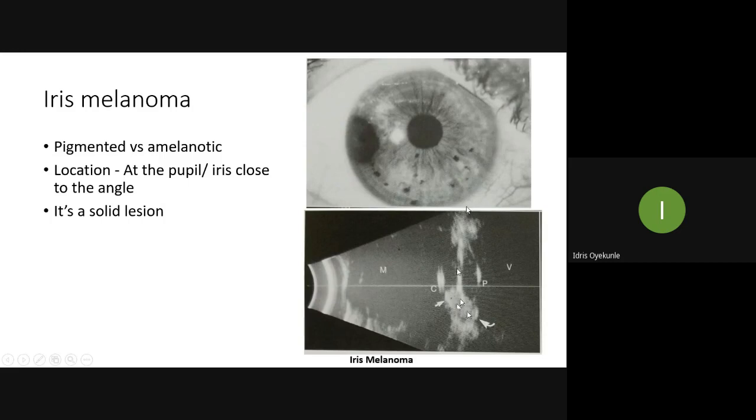This is the cornea here. You can see the posterior capsule here, and this is the iris. But at the junction between the iris and the angle, you can see this irregular hyperechoic lesion that represents an iris melanoma.